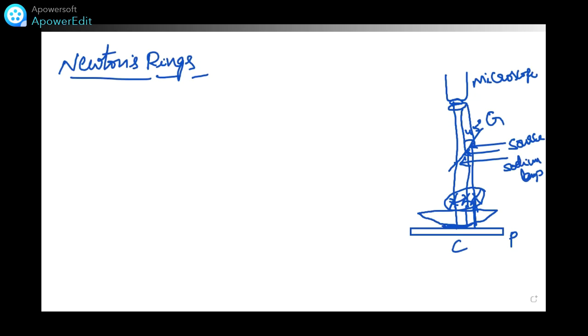Okay, the explanation of the formation of Newton's rings.